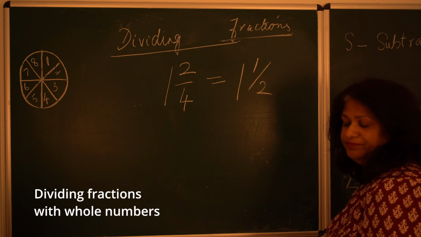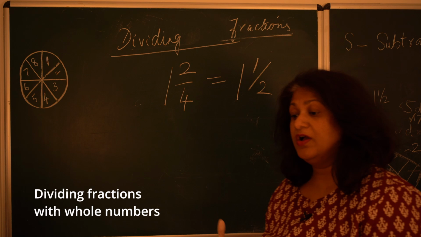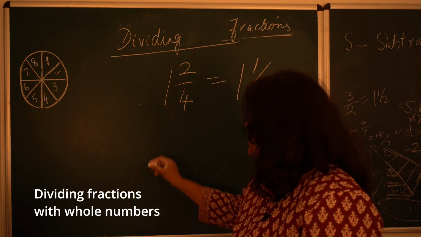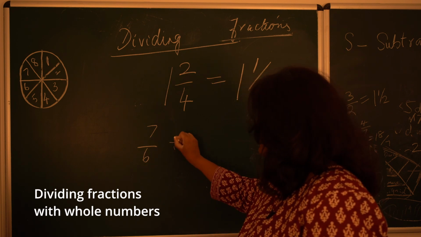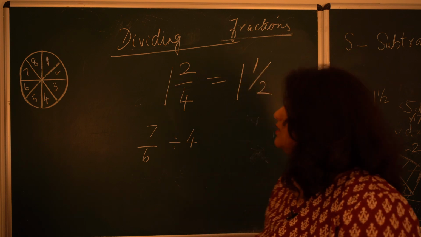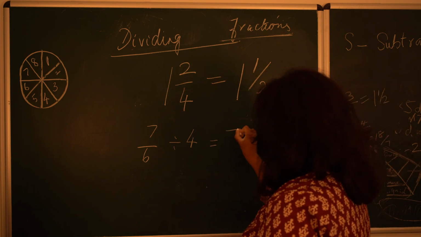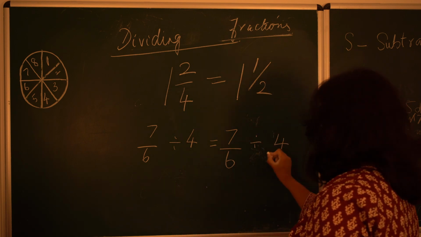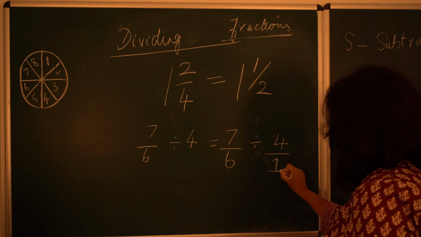The next one is how to divide when you have whole numbers in the game. So let's say I have 7 by 6 divided by 4. In other words, understand it as 7 by 6 divided by 4 by 1.